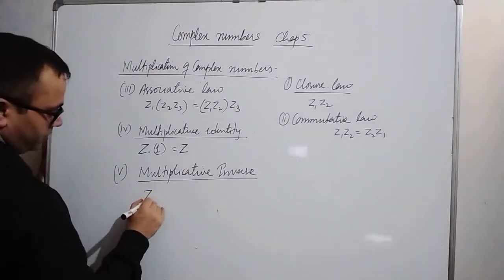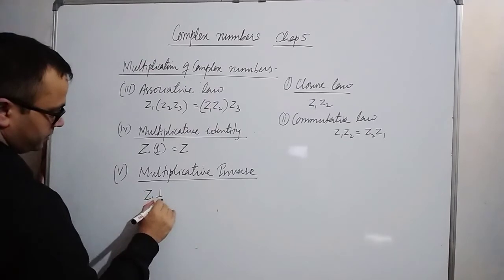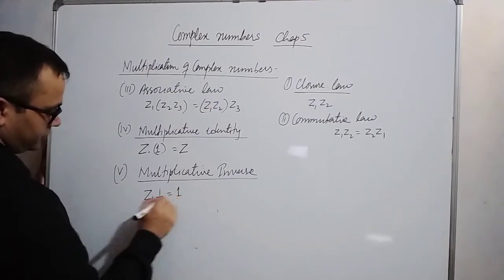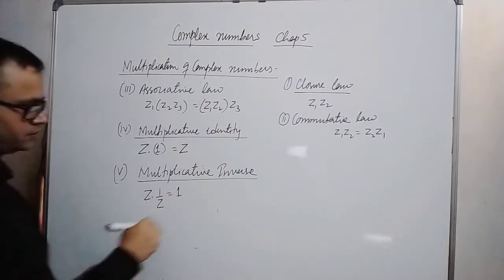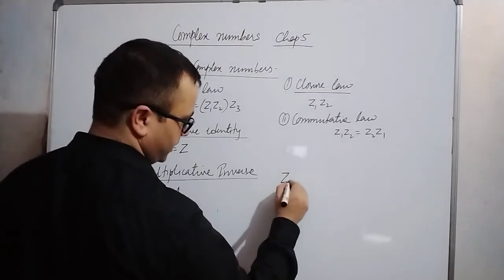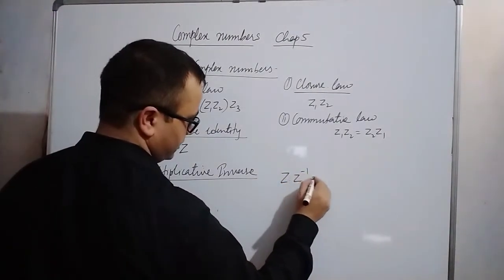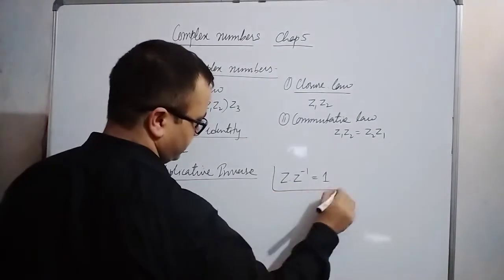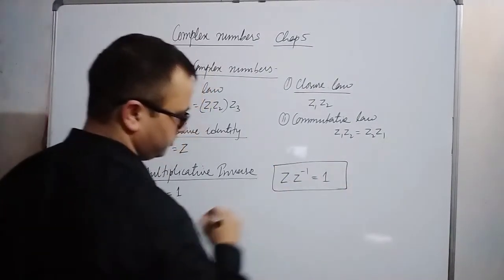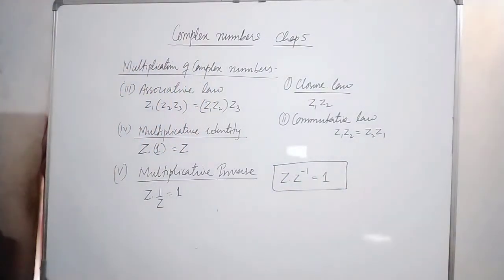If you multiply a complex number with its reciprocal, you get 1. In other words, Z into Z inverse equals 1. This is the multiplicative inverse property of complex numbers.